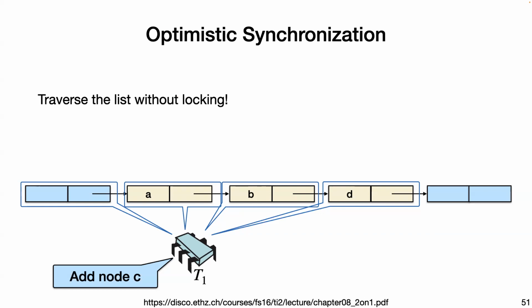So what you're going to do instead is traverse the list without locking. This is not guaranteed to let you write if you just traverse to the position that you need and then stop and try to edit. So you still have to grab locks, but you're just not grabbing all the ones along the way.